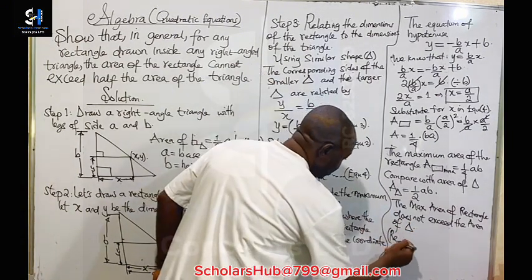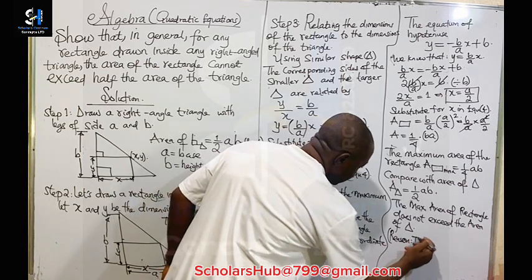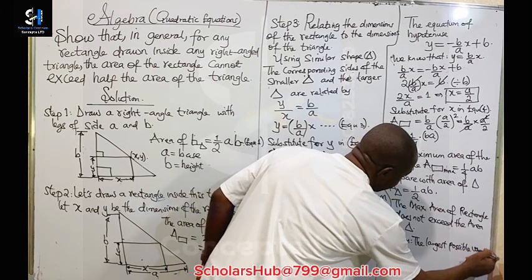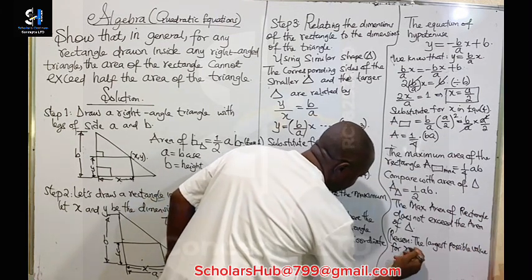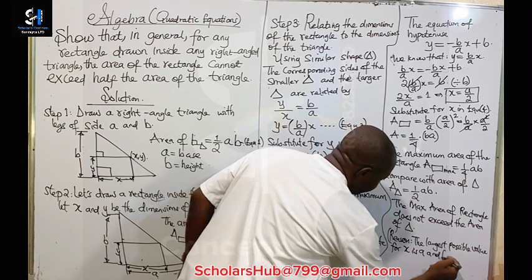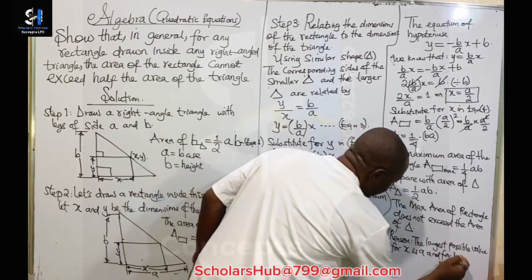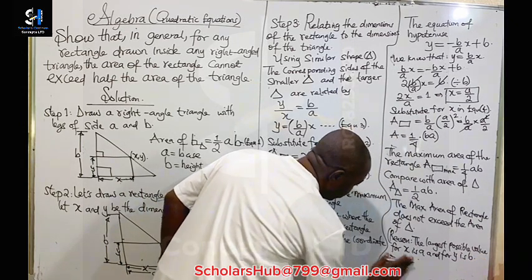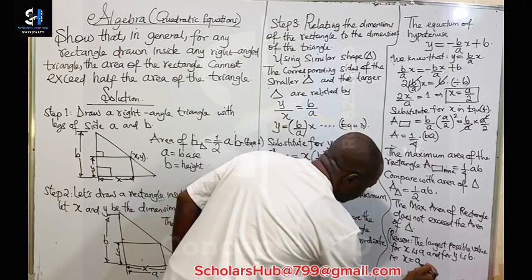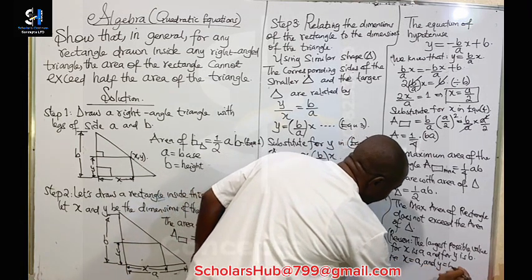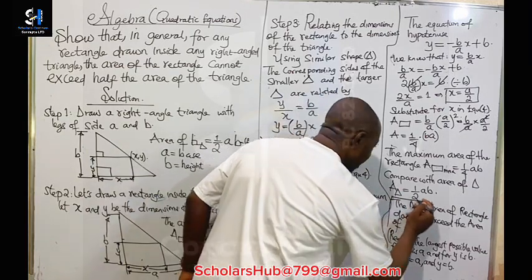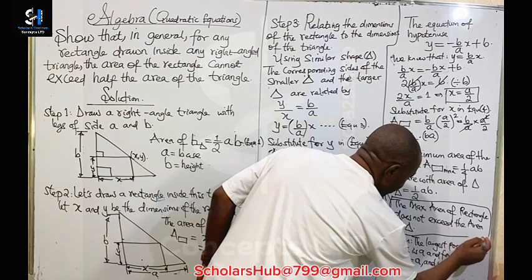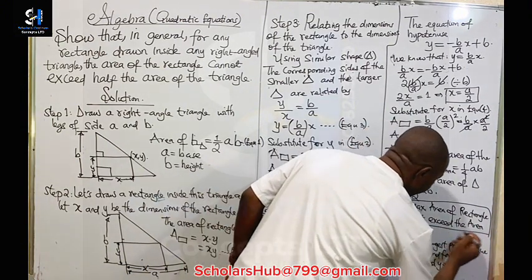And the reason is that the largest possible value for x is a, and for y is b. That is, x will be equal to a, and y will be equal to b. So this is the result. We have been able to prove it. Okay, this is proven.